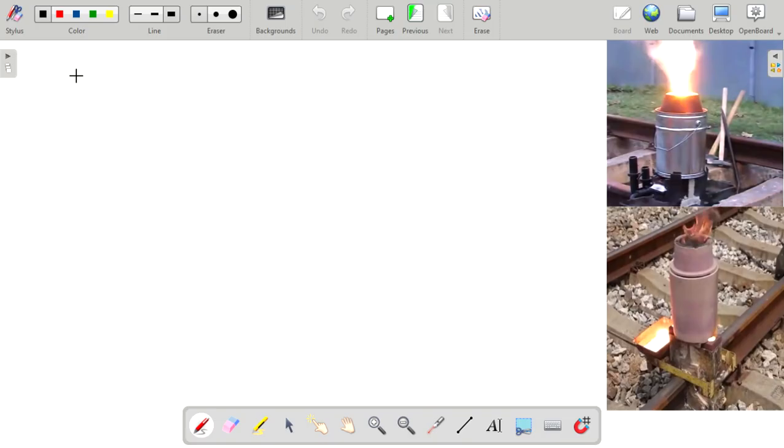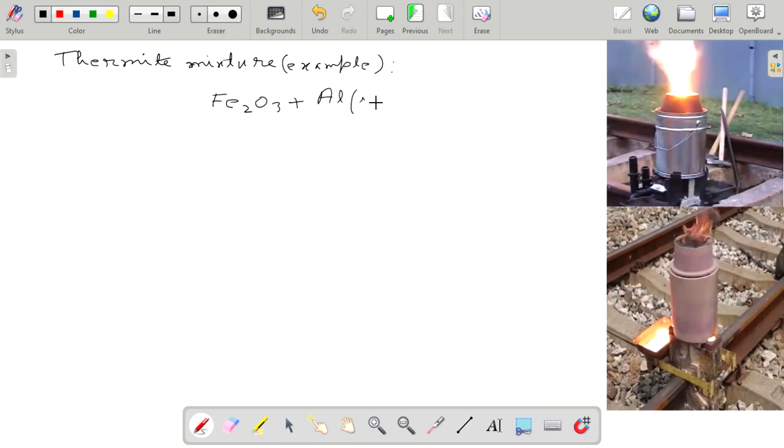What is thermite mixture? Fe2O3 plus aluminium in the form of powder.